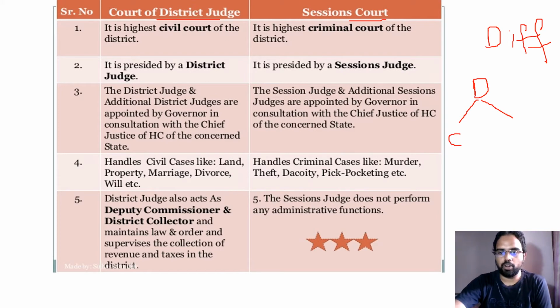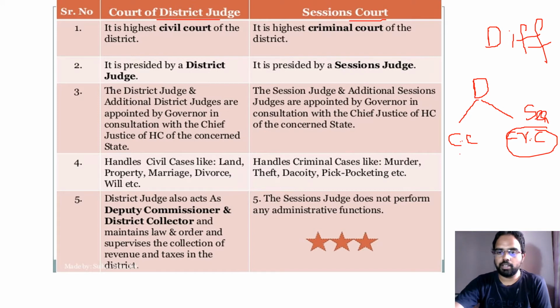One is the civil court, and another is the criminal court. This criminal court is also referred to as the sessions court. Understood? Sorry, the criminal court is also referred to as the sessions court.